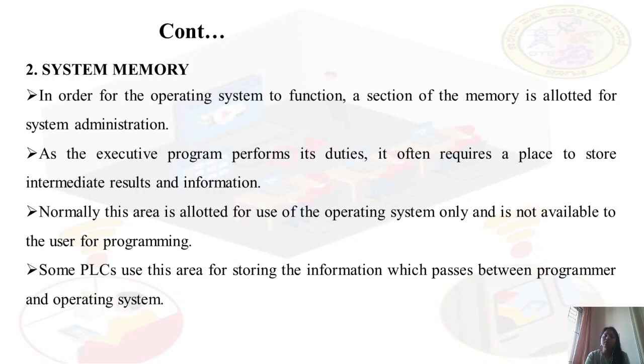So whatever the executive memory performs, all those results are stored in the system memory. Normally, this area is allotted for the operating system only. It is not for user programming. Some PLCs use this area for storing the information which passes between the programmer and the operating system. The system memory is for the operating system. Understood? Remember that.